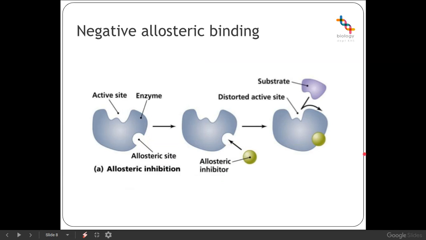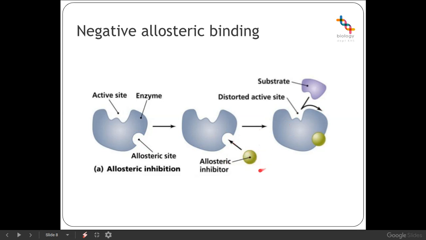When we have a negative modulator, when it binds onto the allosteric site, that's going to alter the shape of it, generally distort it or change it in such a way that the substrate is unable to bind to the active site. And that can be quite important if, for example, the allosteric inhibitor or the modulator that is binding onto the allosteric site might be one of the products from this reaction.